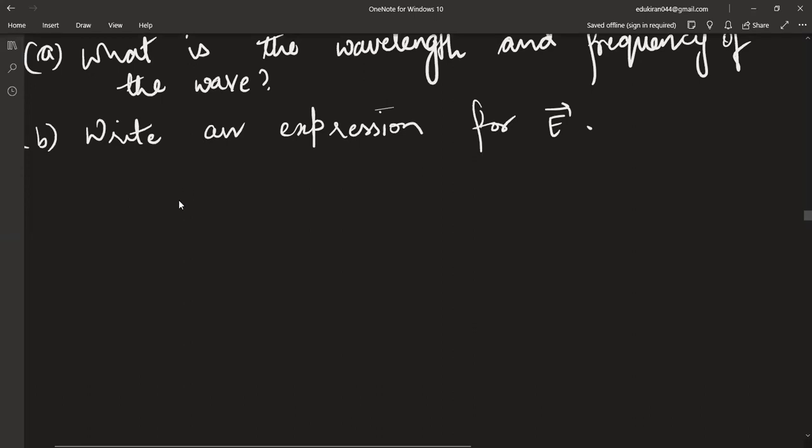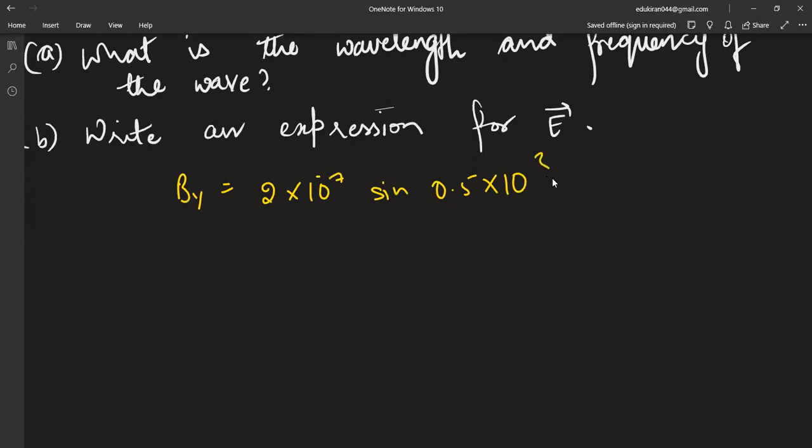By is 2 into 10 to the power minus 7 sine (0.5 into 10 to the power 3 x plus 1.5 into 10 to the power 11 t).